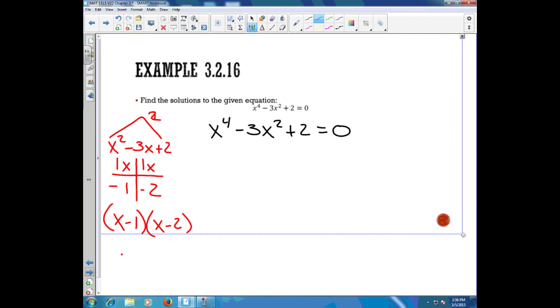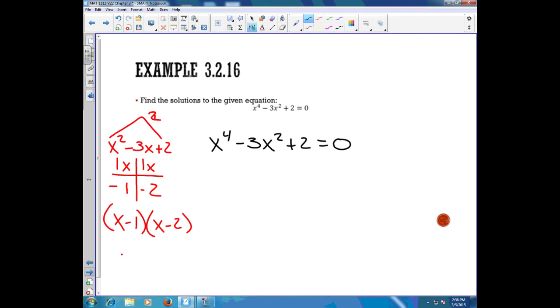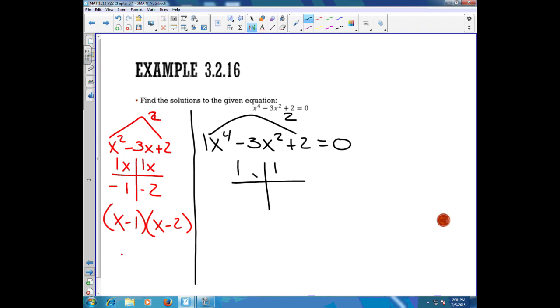And we can do the same thing for this one here. It's going to work out to be very, very similar. Take the first number and the last number and multiply them together. We're going to get 2. Make ourselves a box, 1 and 1. Now we want to split the variable up, but since it's x to the 4th power, we're going to get x squared and x squared.